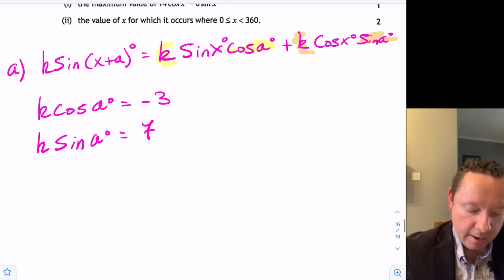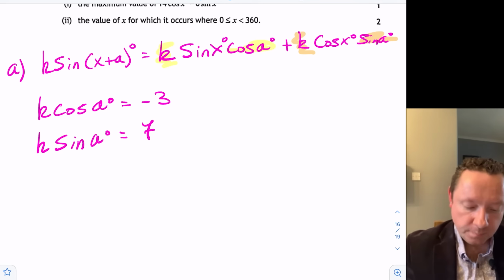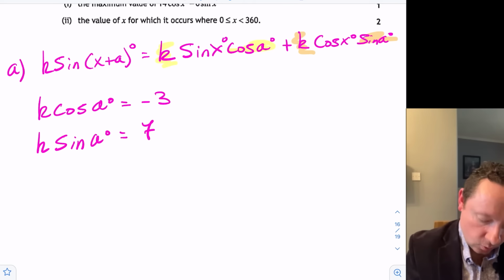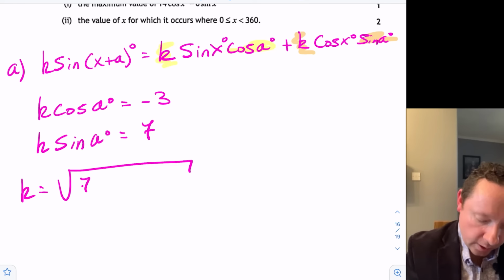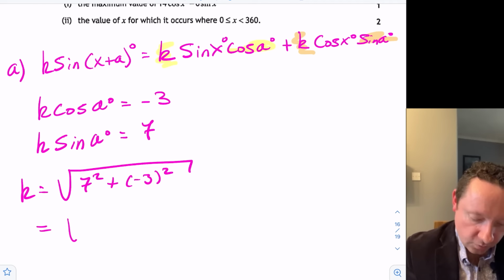So now we can find k. Because sine squared plus cos squared equals 1, if I square both of them, I will end up with k squared. So k is going to be the square root of 7 squared plus minus 3 squared. A bit like Pythagoras, essentially. So that becomes 49, and 3 3s are 9.